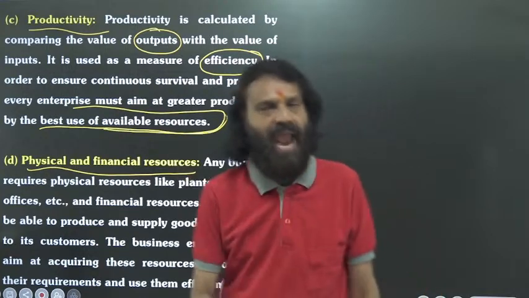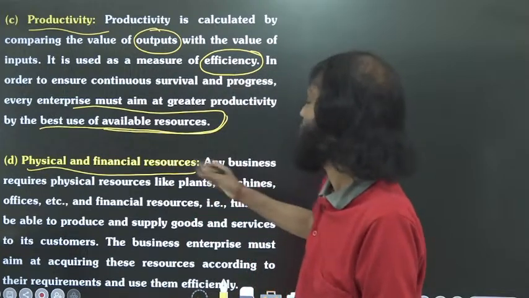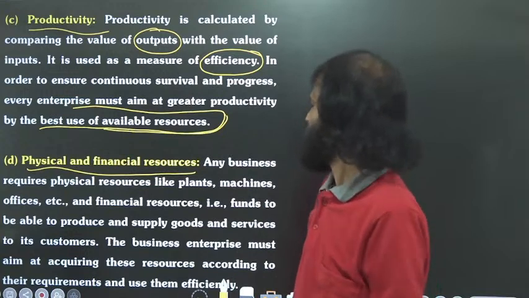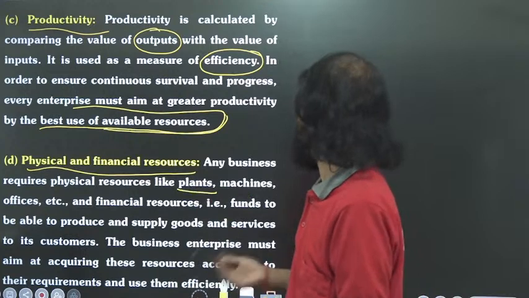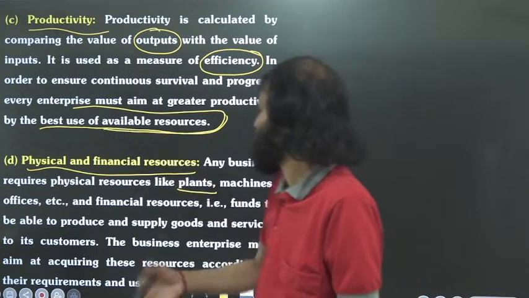Physical as well as financial resources are there. Now we are going to study about physical resources. What are physical resources? That is plant. If you want to produce something, of course you must have a place, building, plant, machines, office, etc.